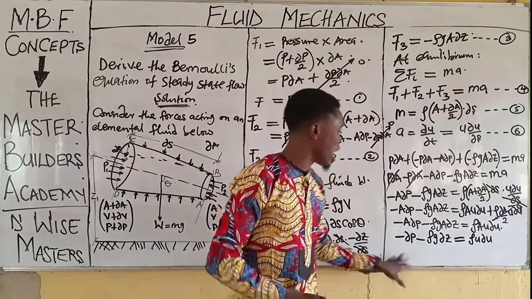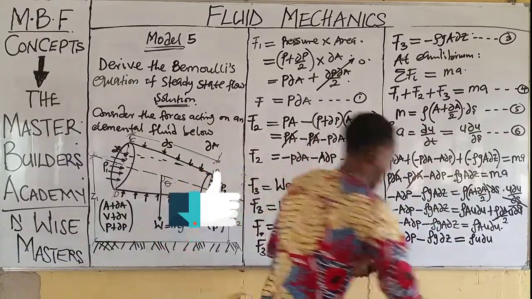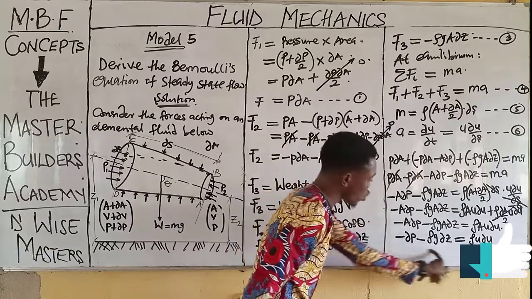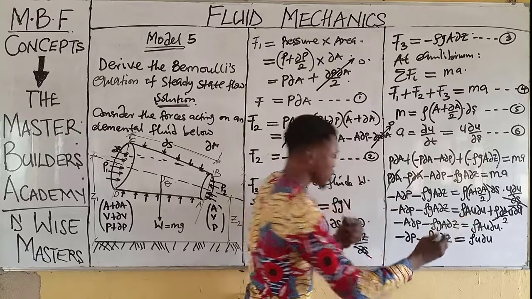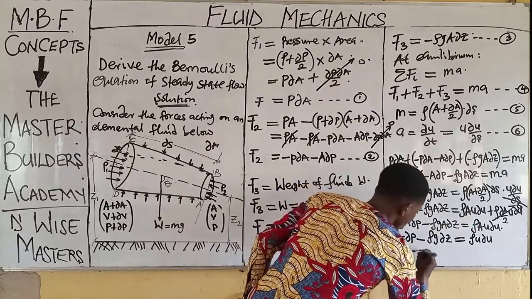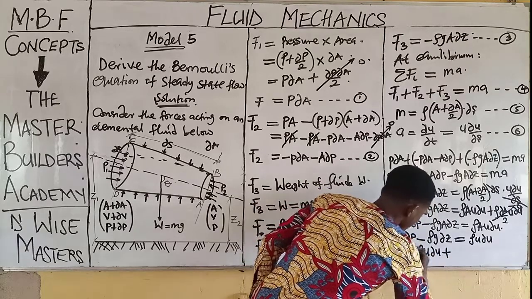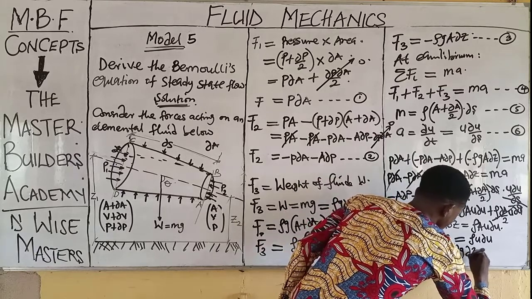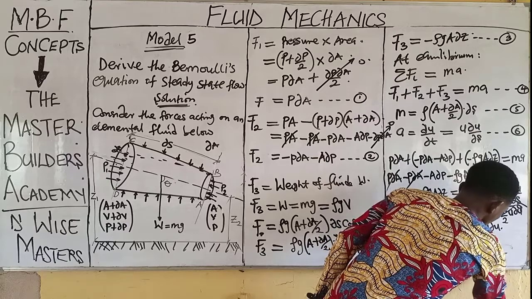All we just need to do now is to arrange this and equate it to 0. And when we arrange this, if I take these two terms from the left hand to the right hand, everything will become positive. Then we have change in P minus rho U change in U. Then everything becomes plus rho G change in Z equal to 0.